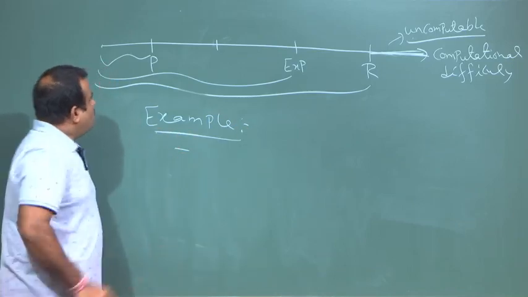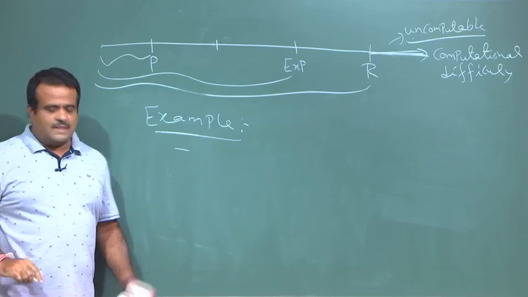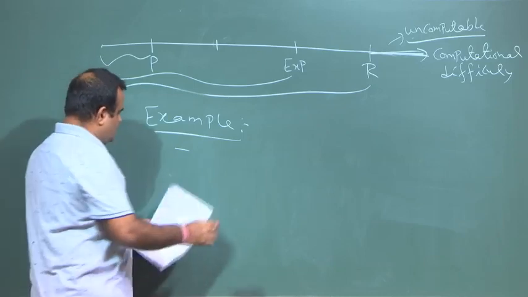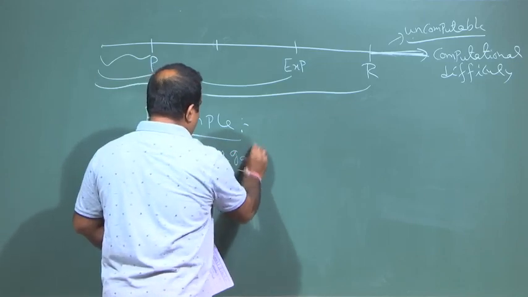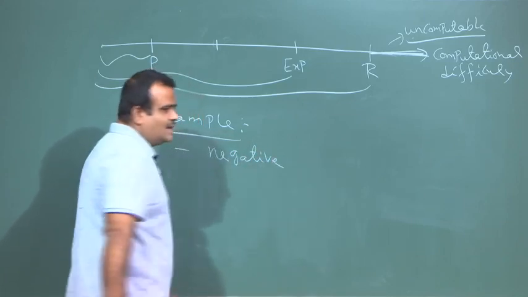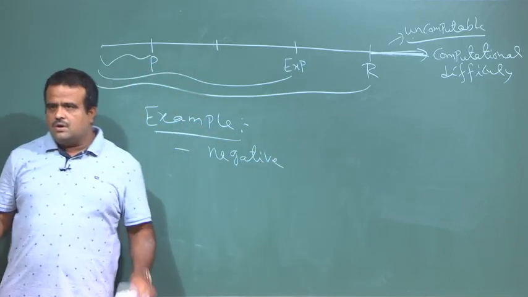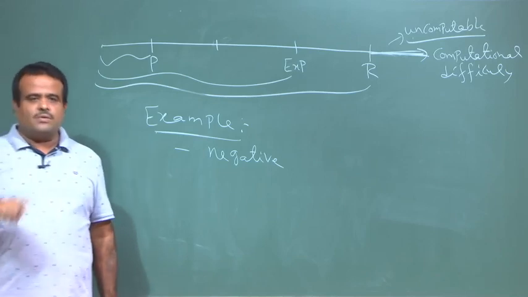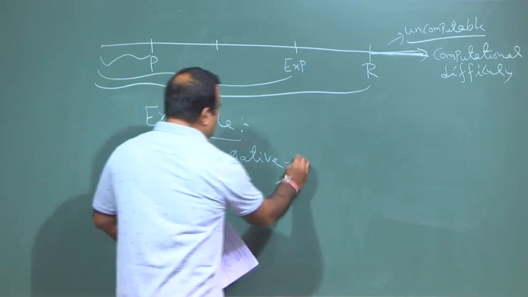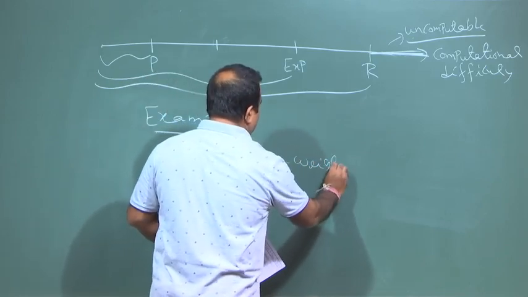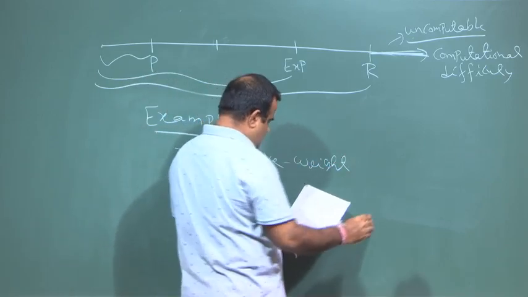We want to take an example of a polynomial time algorithm. We have seen many. One of these is negative weight cycle detection. We are given a graph, and we want to determine whether there is a negative weight cycle or not.